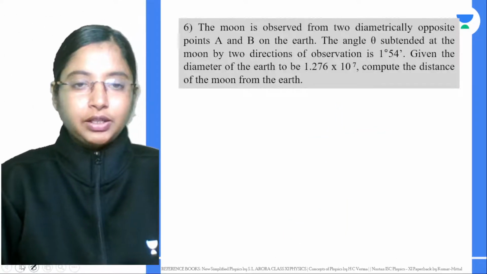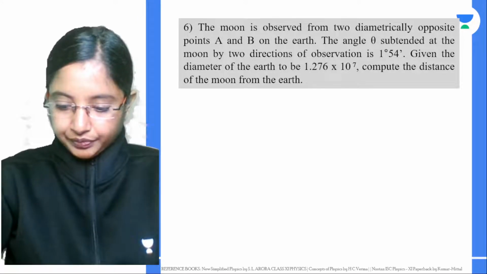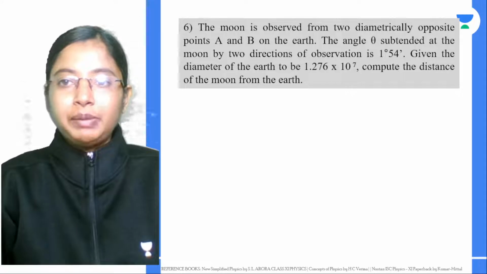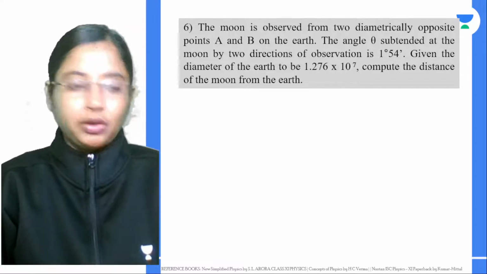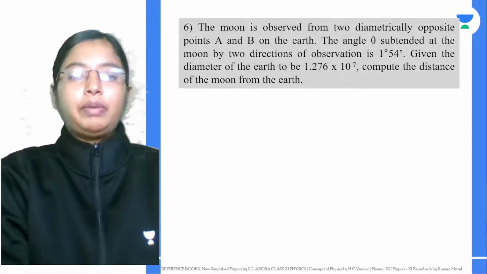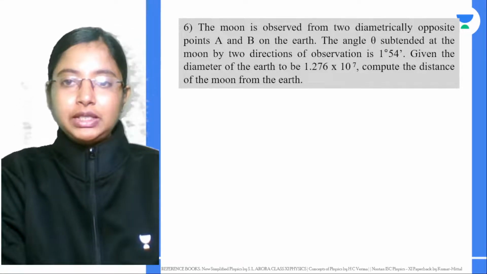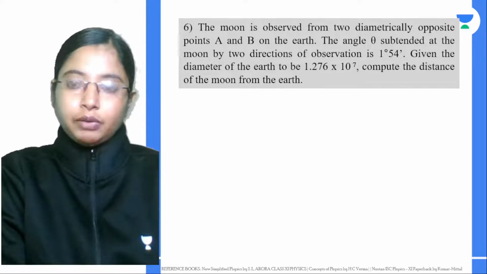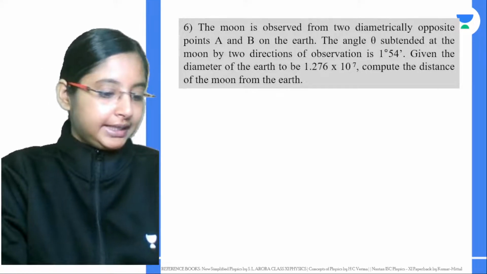Okay, let's try another question. A moon is observed from two diametrically opposite points A and B on the earth. The angle theta at the moon by the two directions of observation is 1 degree 54 minutes. This is given.